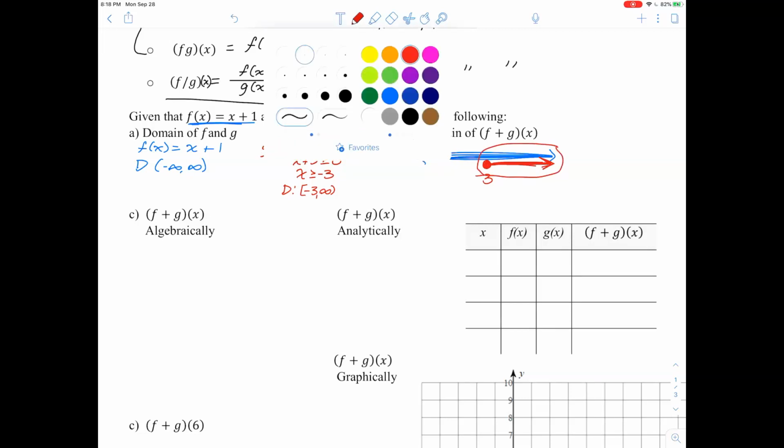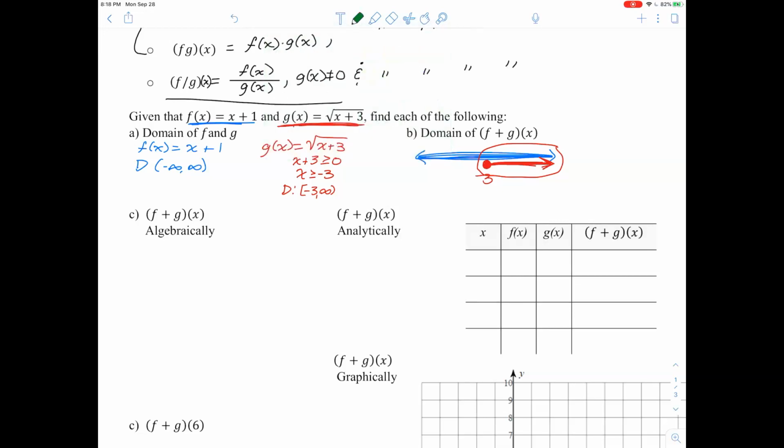And so its domain, and I'm going to do the addition of it in green, will have a domain from negative 3 to infinity and inclusive of negative 3. And I'm going to show you what that looks like on a graph here in just a second.